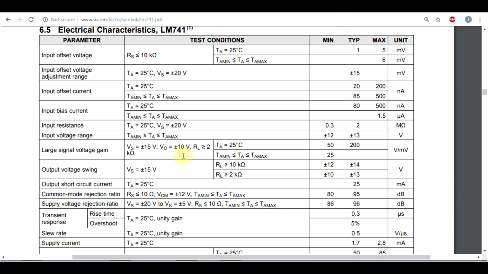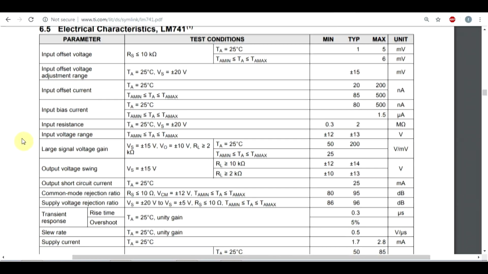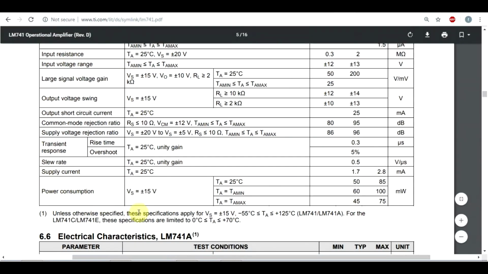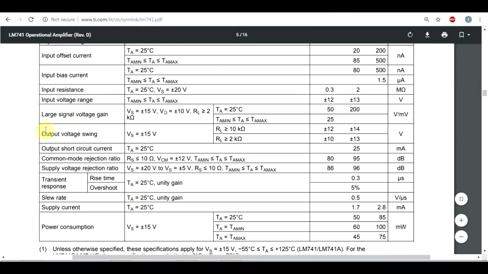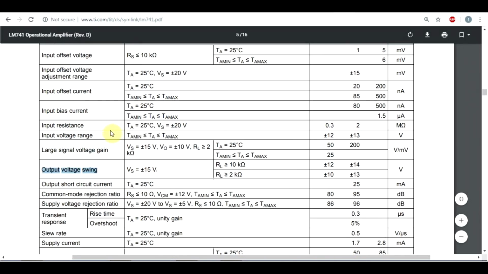Just like with the input stage, we've got certain parameters in the datasheet characterizing the output stage. Now there's quite a lot of parameters, but what I want to go into today is talk about the output voltage swing. So just like we talked about what are the voltages that can appear on the input, I want to discuss the voltages that can occur on the output of the op-amp, so the output voltage swing.